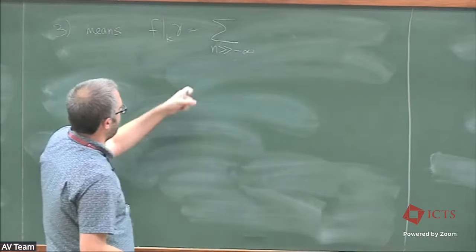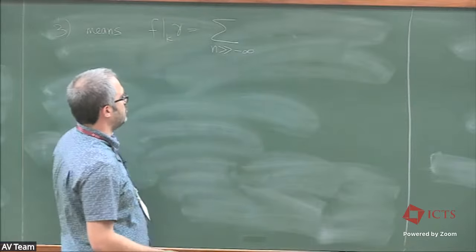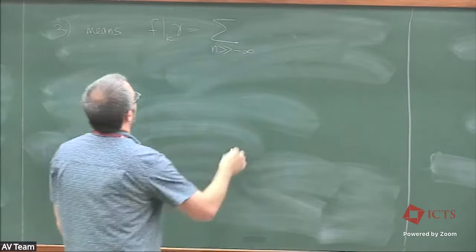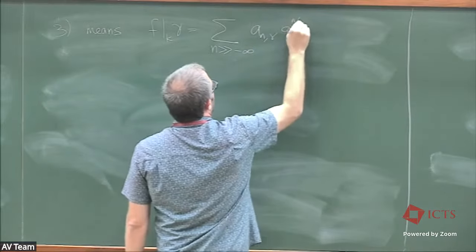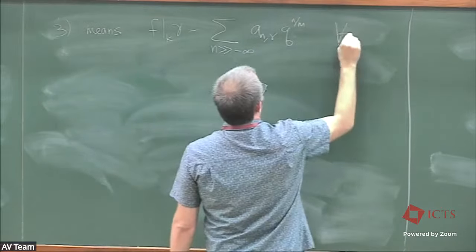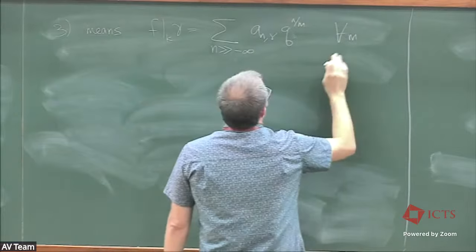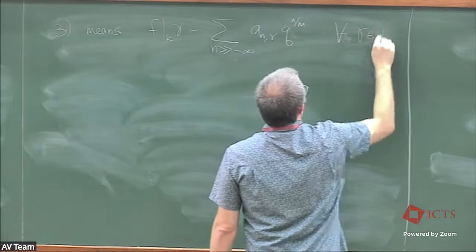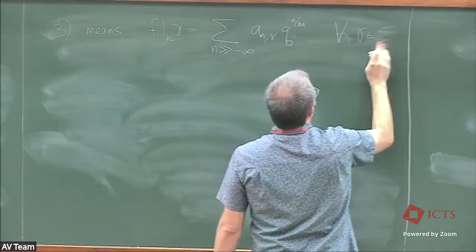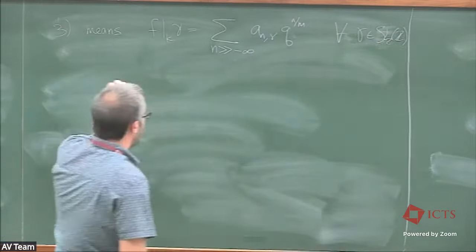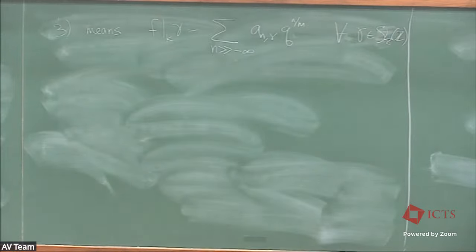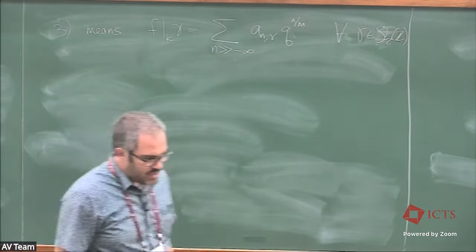So I'll indicate that by saying n is much larger than minus infinity: the sum of a_n(gamma) q to the n over m, for every gamma in SL2Z.